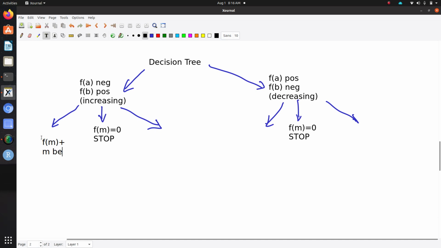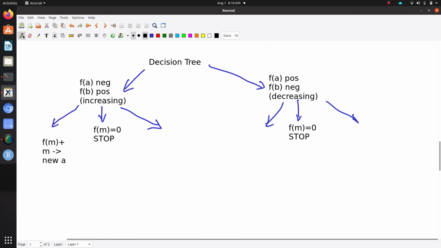So m becomes the new A, because it has to become the new left-hand point because you already crossed over, right? So let's just draw a picture of this to make sure this makes sense.